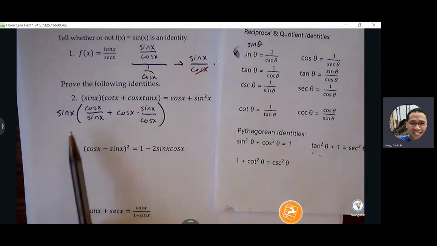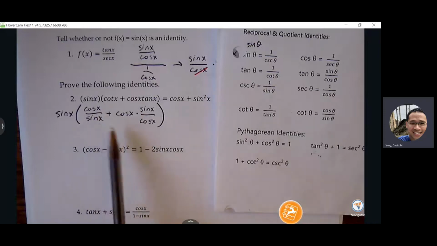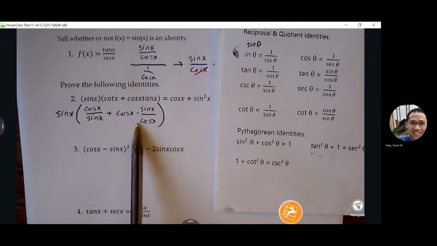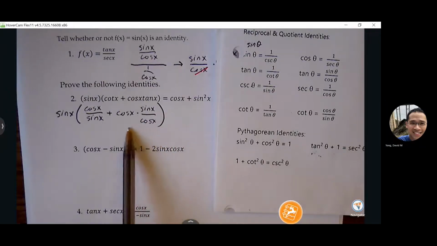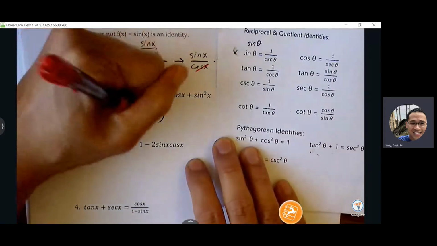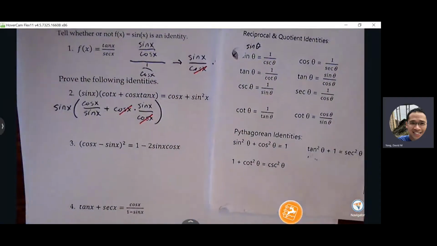Okay, I want to distribute the sine through, but maybe there's some cleanup that we can do beforehand. See anything here? What can we do? Yeah, let's just get rid of the cosine. Just makes it one less thing to worry about.